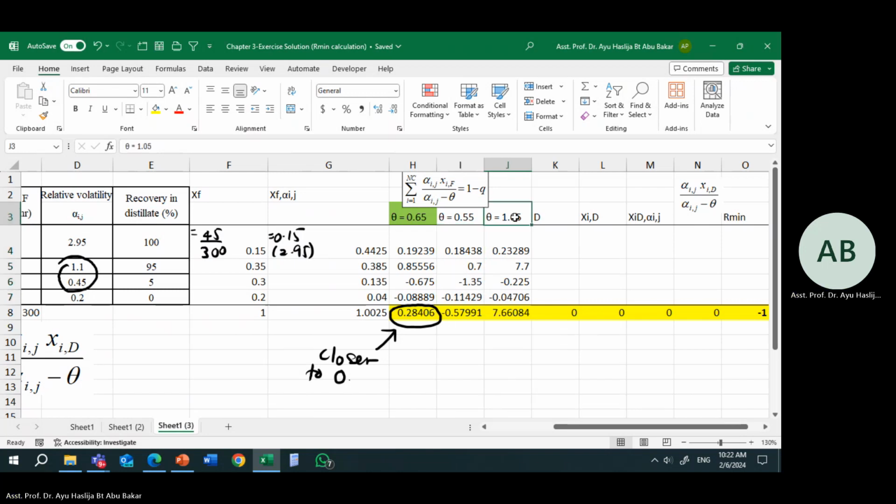And 0.5. 0.55 negative, 0.65 positive. So perhaps 0.6. Try 0.6.